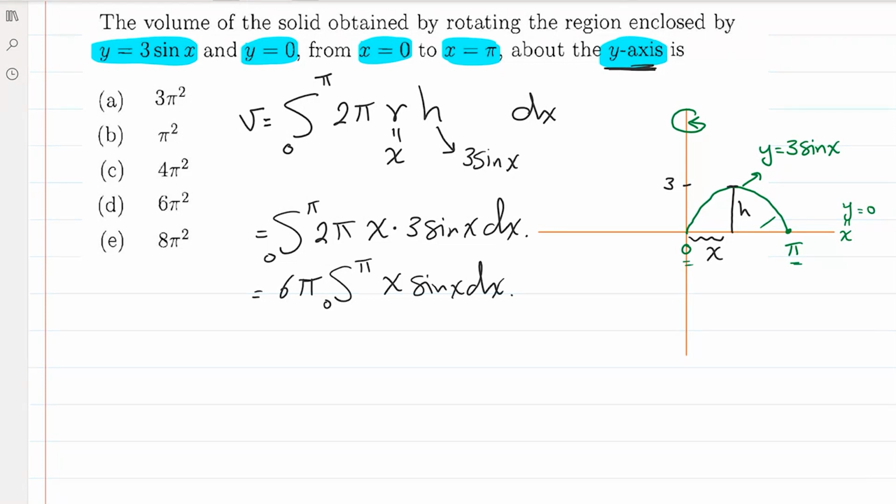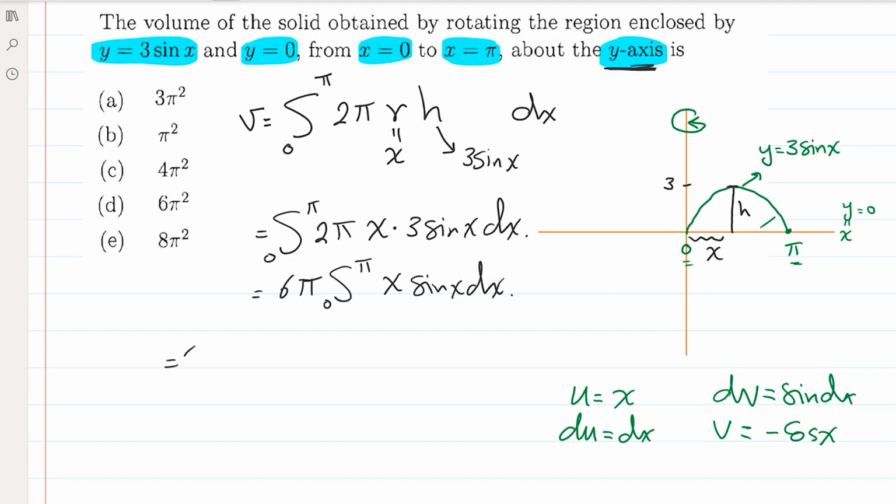By parts. For sure, this is by parts. Let u equal x such that du will be dx, dv will be sine x dx, and v will be its integral, and the integral of sine, as you know, will be minus cosine. So the integral here will be calculated as follows.